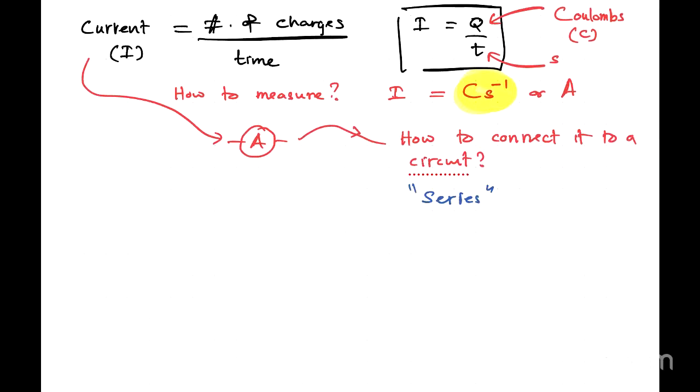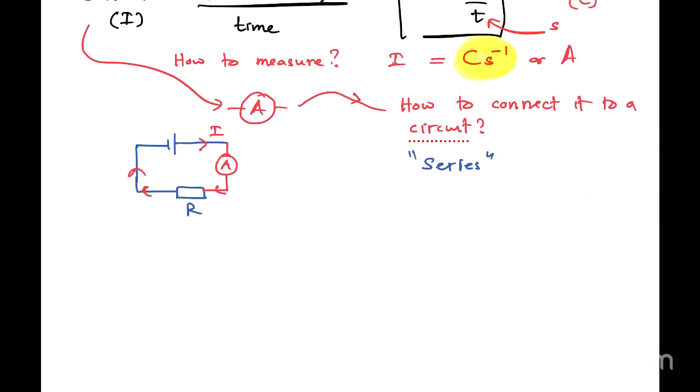Just imagine a circuit with a resistor like this, and you need to measure the current flowing through it. Then you connect the ammeter in series with the appliance. In series means in the path of the current, the way where the current flows. I'm just rushing through these things as a revision, right? So this is the series configuration.